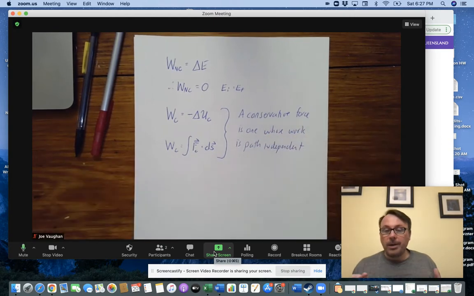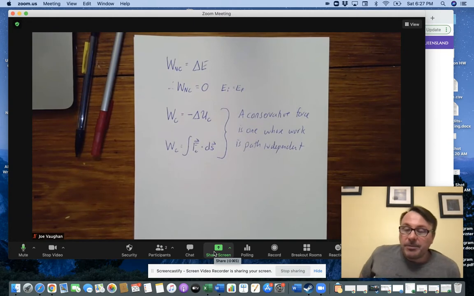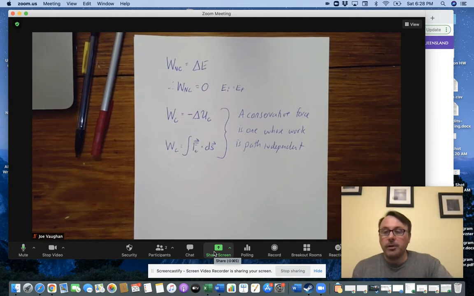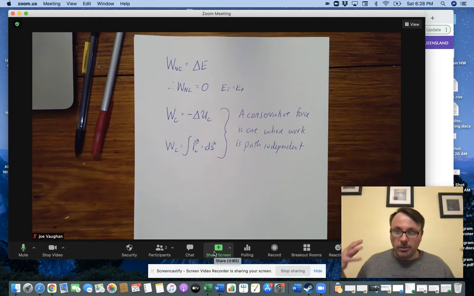Okay? That is our criteria. And up to now, we've kind of taken that as an article of faith, that there is work done that is not path dependent and work where it is path dependent. What we're going to do is go into a deeper dive with the calculus of that here.